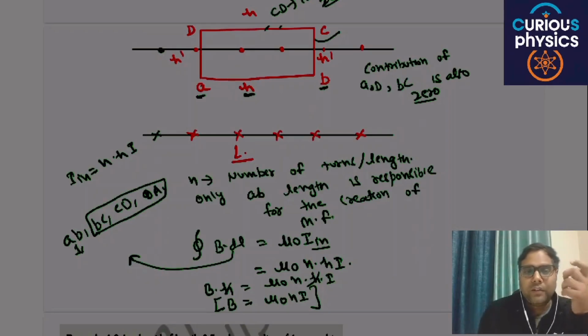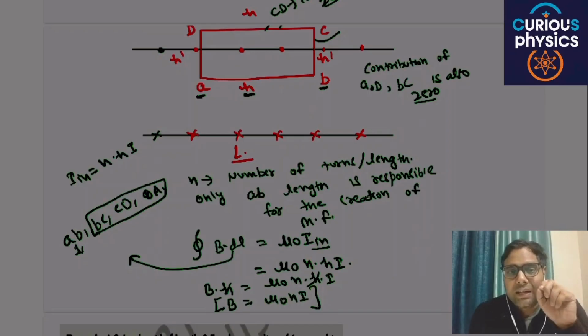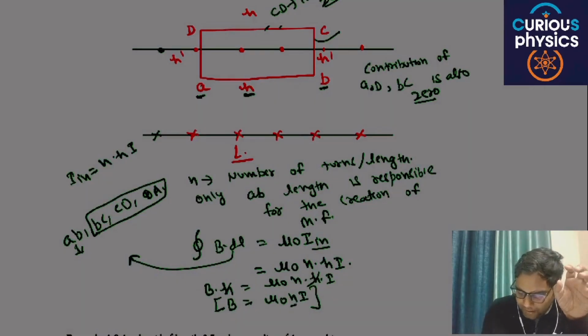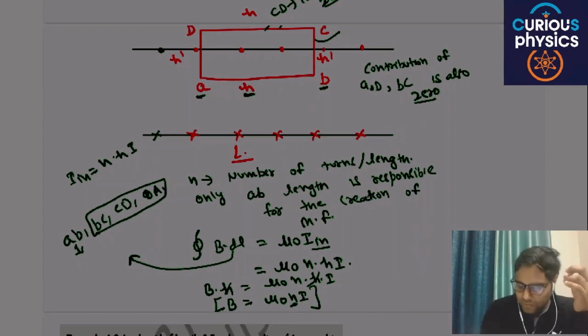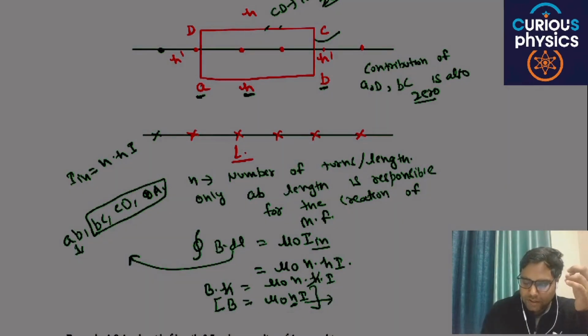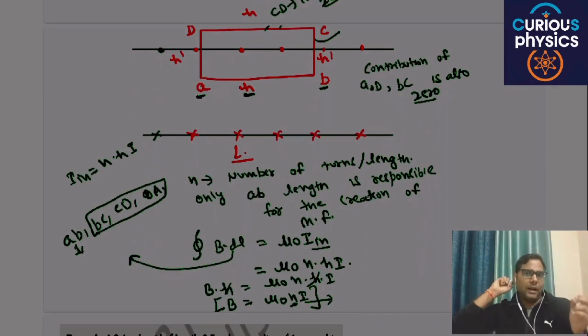You have to find the value of I if I is not directly given. But in most questions, you have to find the value of n, and n is the total number of turns per unit length. This is the magnetic field inside the solenoid, which is a uniform magnetic field. Are you able to understand my point or not?